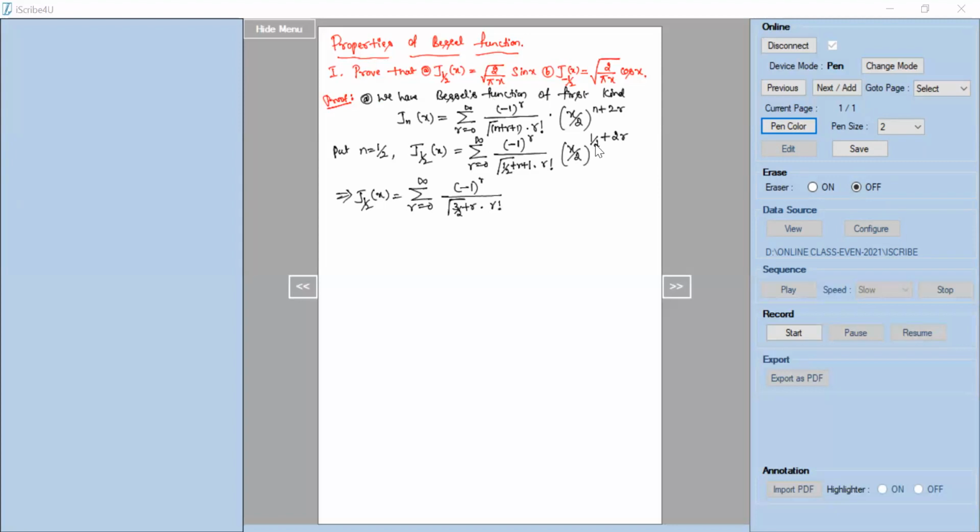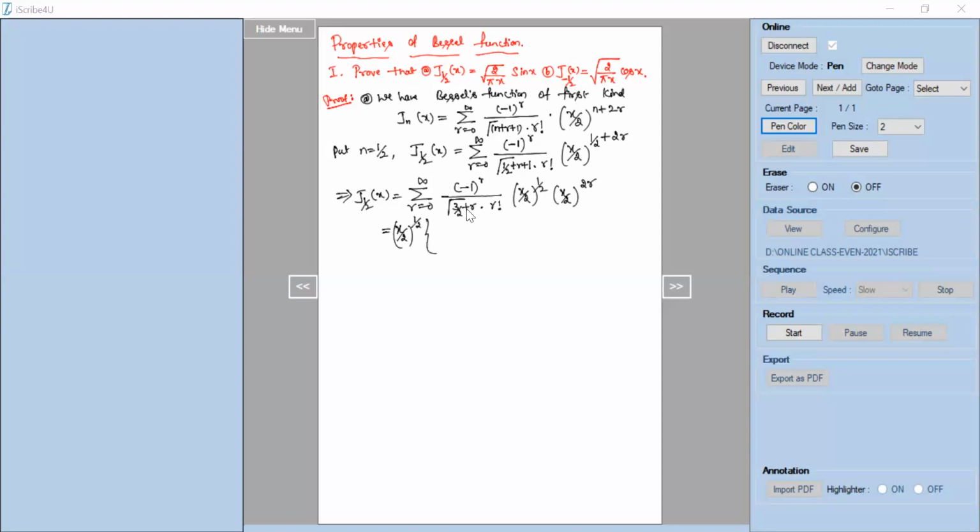And this term I will split as x by 2 whole power half into x by 2 power 2r. Now we can observe that this x by 2 power half is free from r, because the summation varies from r is equal to 0 to infinity. So the term which is not having r can be treated as a constant and we can take it outside. This is equal to x by 2 power half.